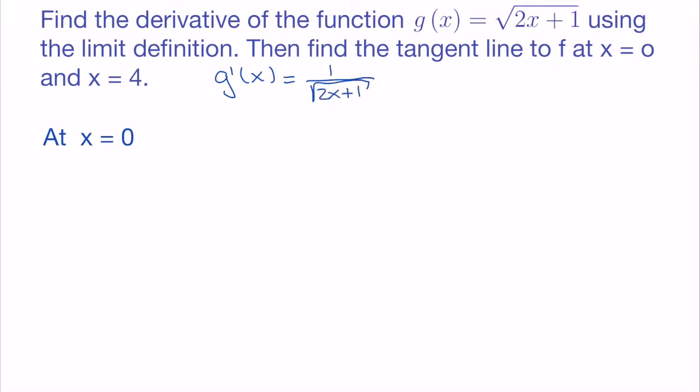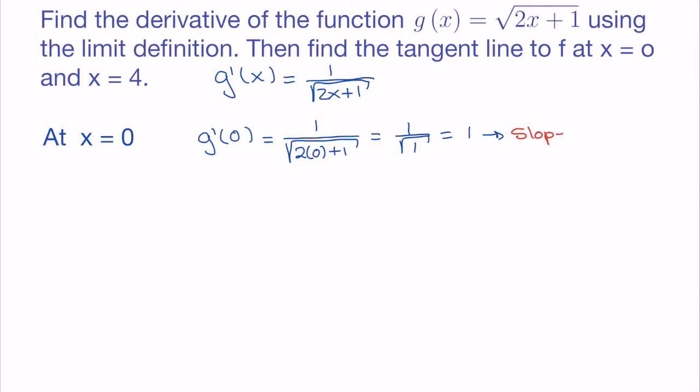Now the second part asks us to find the tangent line at x equals 0 and at x equals 4. So the derivative is the slope of the tangent line. So if we evaluate the derivative at 0, we will get the slope of the tangent line at 0. In this example it is 1 over square root of 2 times 0 plus 1, that is 1 over square root of 1, which is 1.